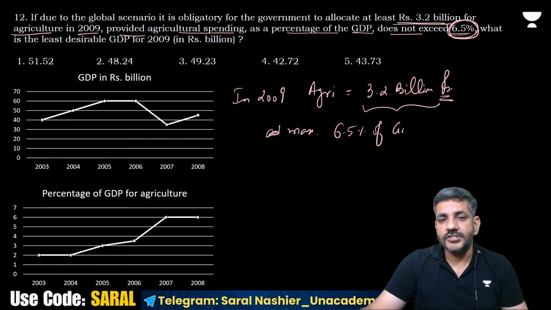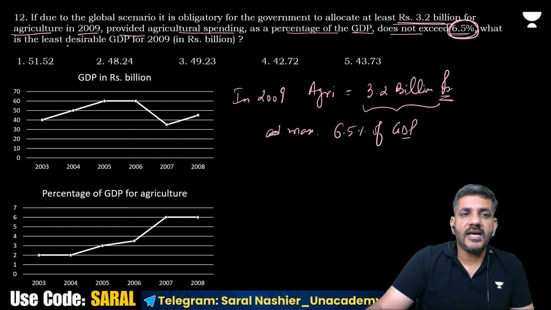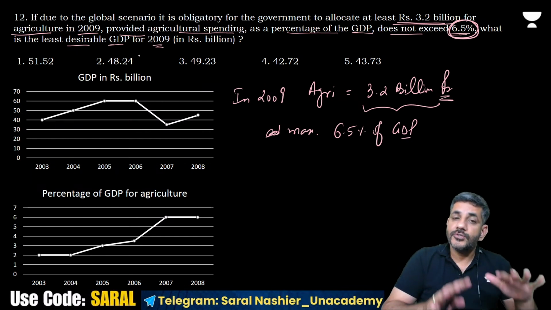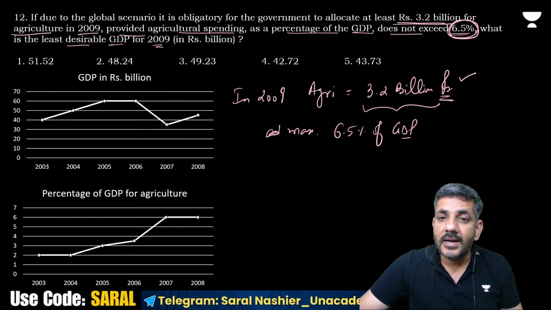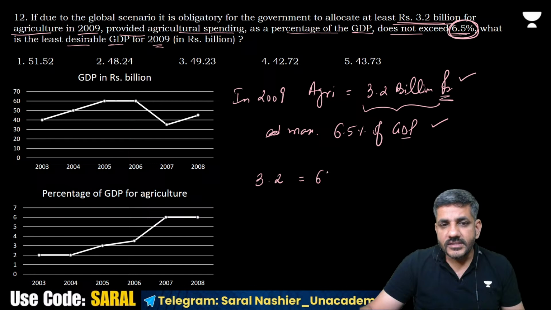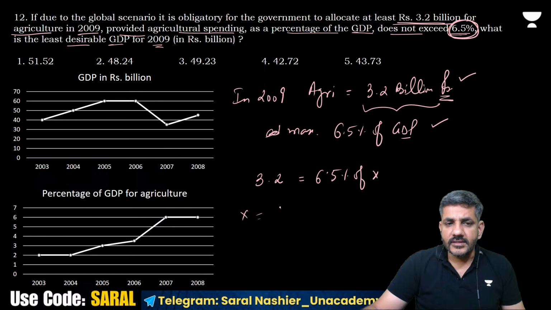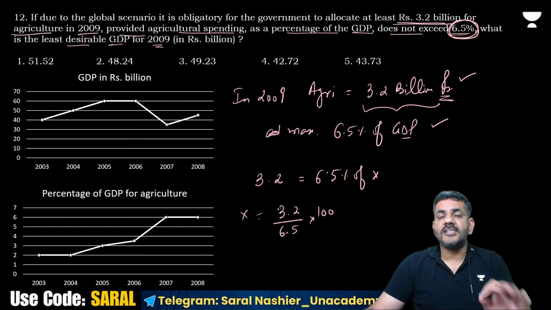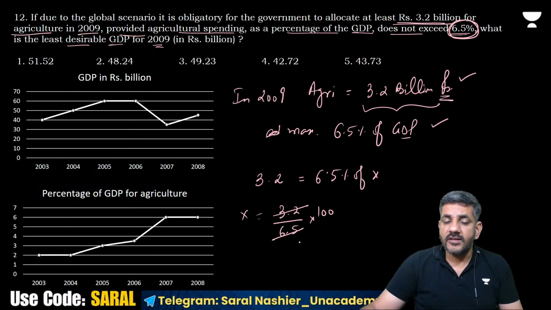So what is the least desirable GDP for 2009? What is the minimum possible GDP so that this condition is met and this condition is also met? If 3.2 billion is equal to 6.5% of something, that something is 3.2 upon 6.5 into 100. 3.2 into 2 is 6.4, so 3.2 divided by 6.5 is slightly above 2.